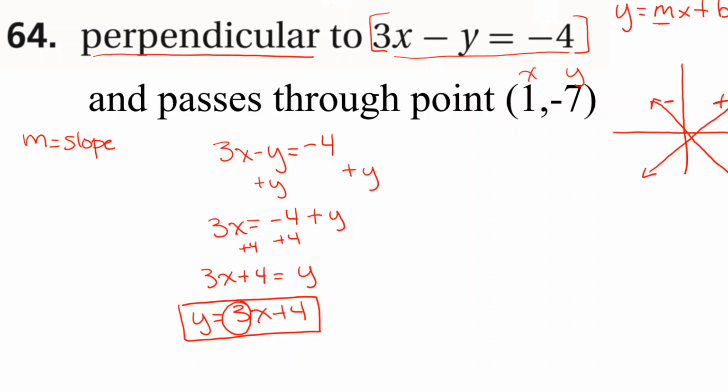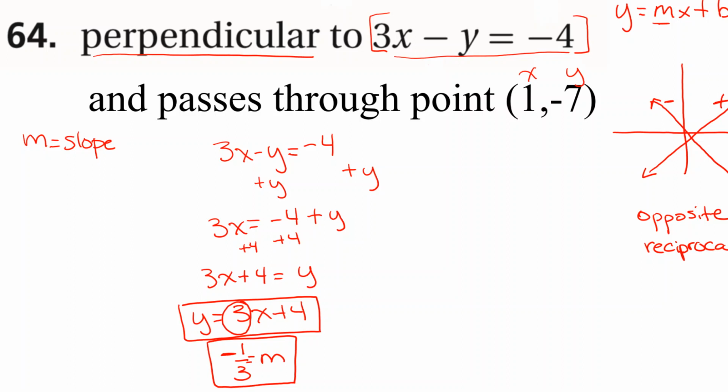So when we draw a line that is perpendicular to another line, the slope is going to be opposite, meaning opposite signs, positive and negative, and it's going to be the reciprocal. So if the slope on this equation is 3, the perpendicular line slope is going to be opposite, so that's negative. The reciprocal of 3 is 1/3. So our new slope is negative 1/3.